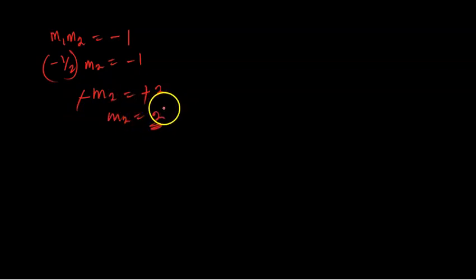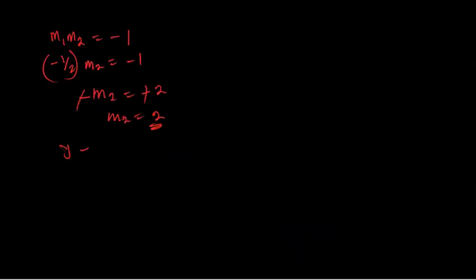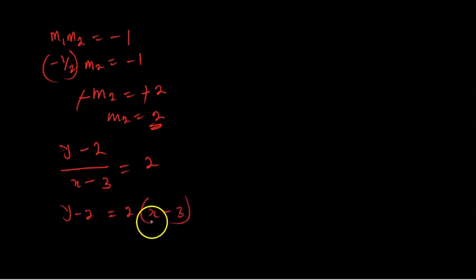Now if the gradient of the perpendicular line is equal to 2 and it passes through the same point, that means y minus 2 over x minus 3 is equal to 2. So that y minus 2 is equal to 2 into x minus 3.